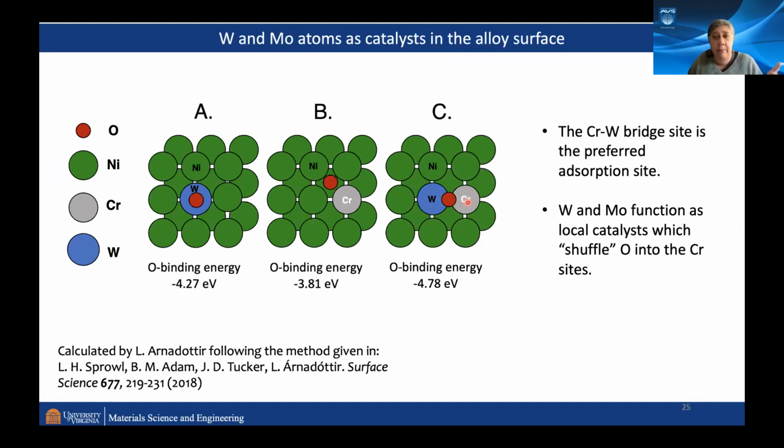And you can read up on her work on how binary surfaces react with CO in this case. So the oxygen locks in on that tungsten-chromium site. And we do think that the tungsten helps in funneling the oxygen into bonding with chromium compared to bonding with nickel.